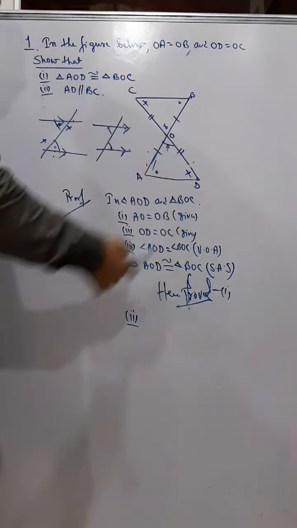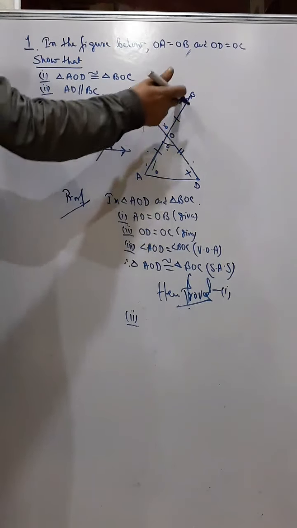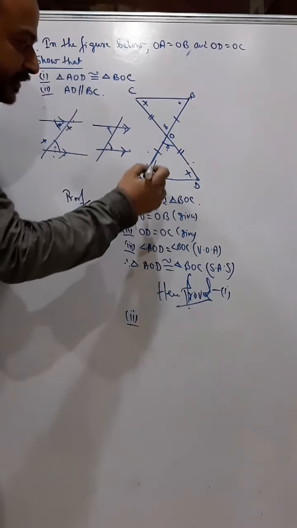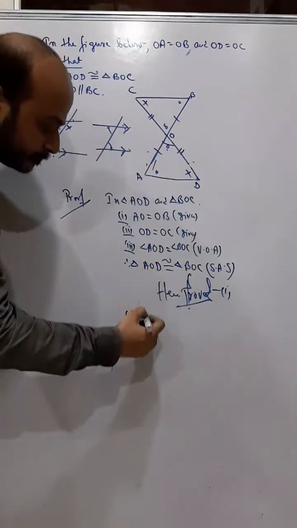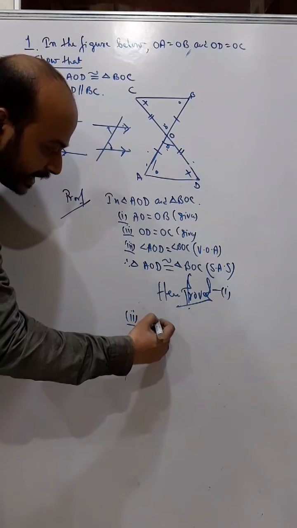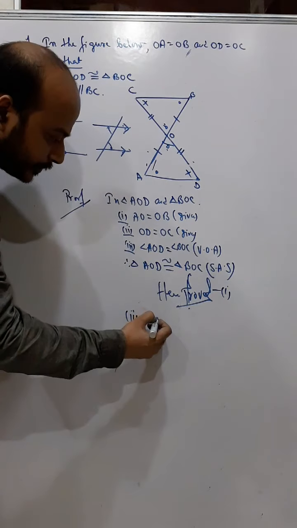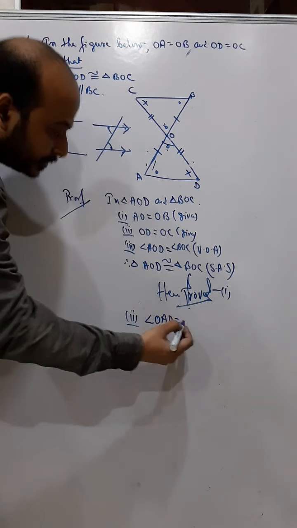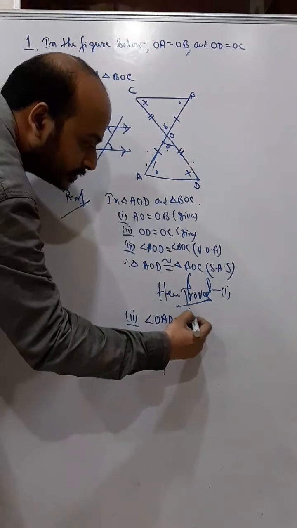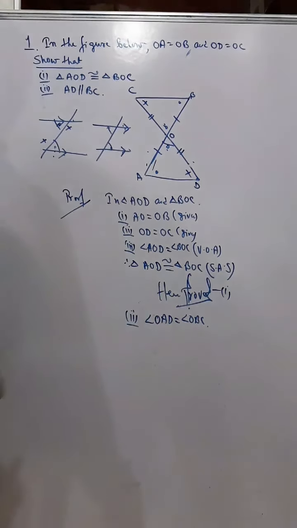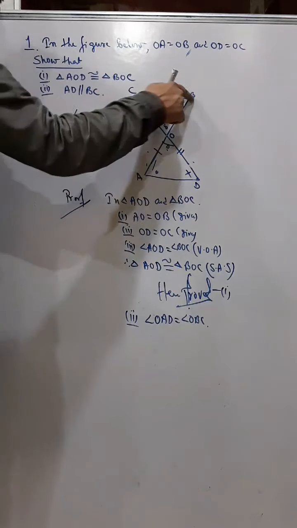So we can write, because two triangles are congruent, therefore their corresponding parts will be equal. So simply we can say, therefore angle OAD is equal to angle OBC. Or we can also say angle ADO equals angle OCB. Both are correct.